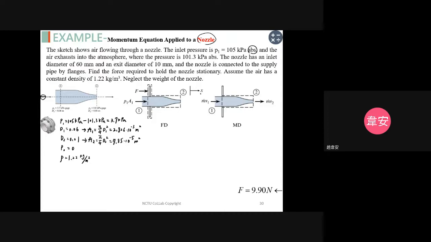So this problem is quite simple. We only need to focus on the directions along the axis.